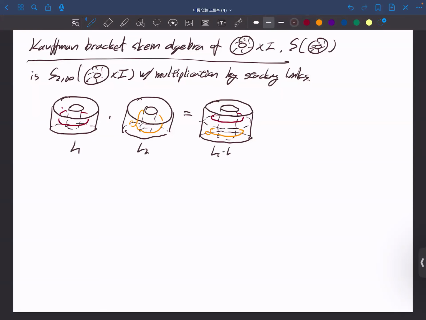By such a multiplication, we obtain the skein algebra of the annulus times I. From here, for simplicity, we denote it by SA of the annulus.